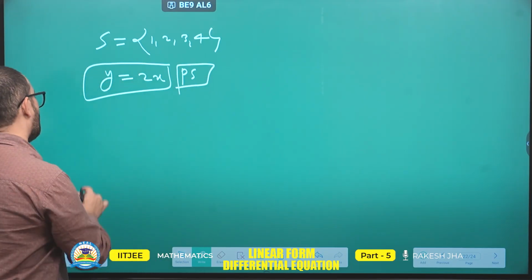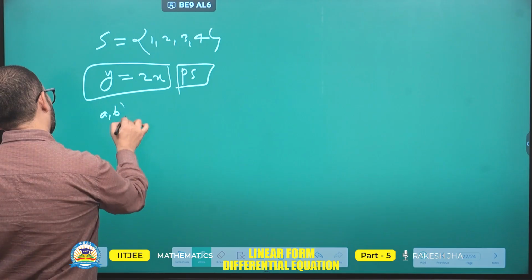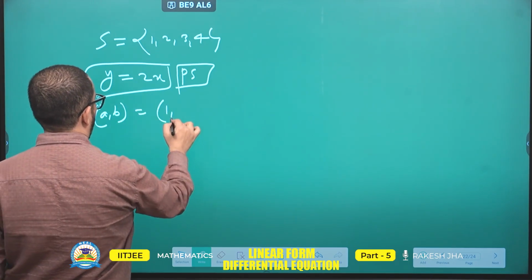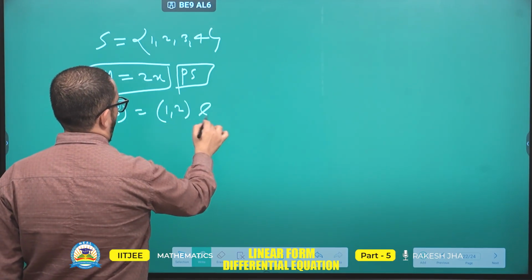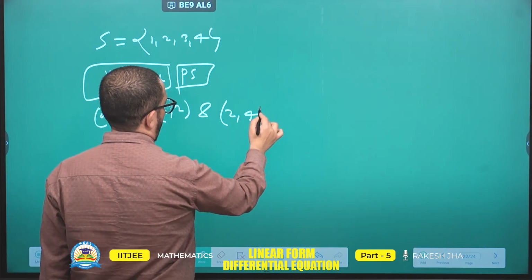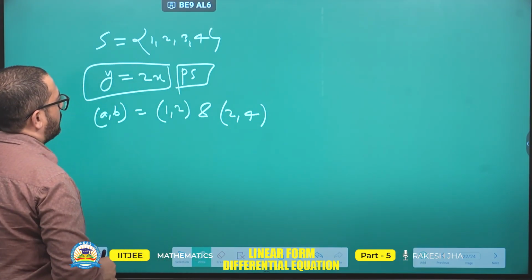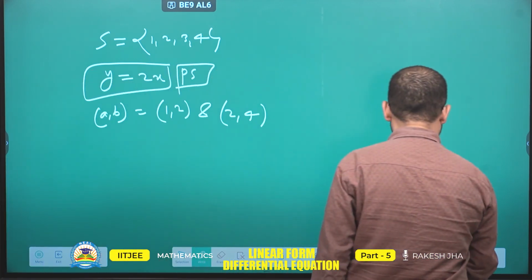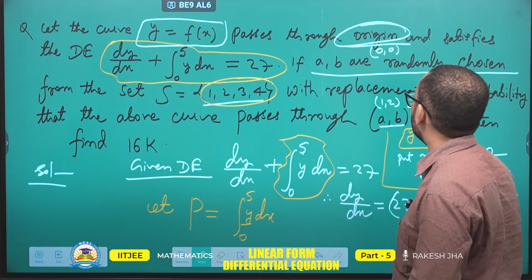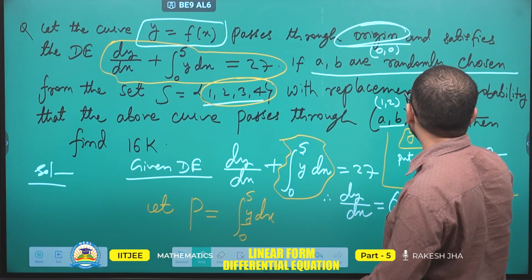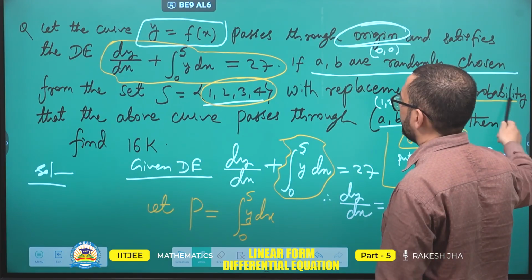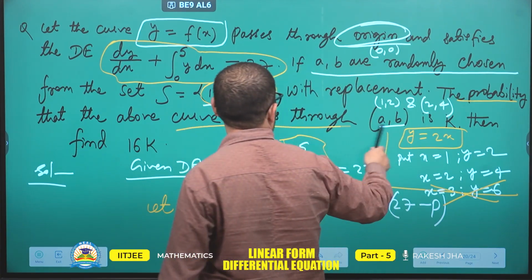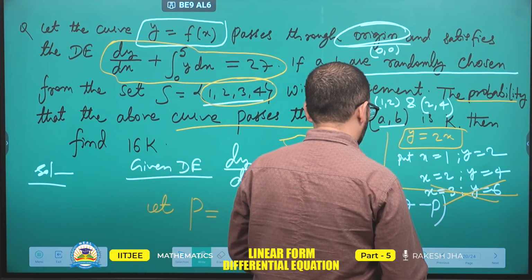Here we found A comma B, that is nothing but 1 comma 2 and 2 comma 4. So they are asking about the probability. So what is the probability basically? So let's see the probability. They are asking that with replacement, the probability of the above curve passing through A comma B is k.